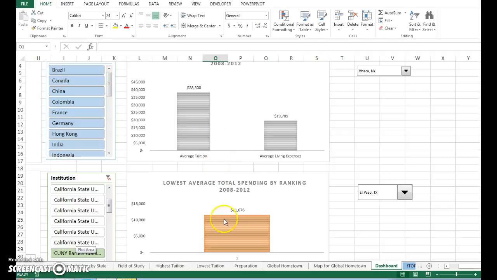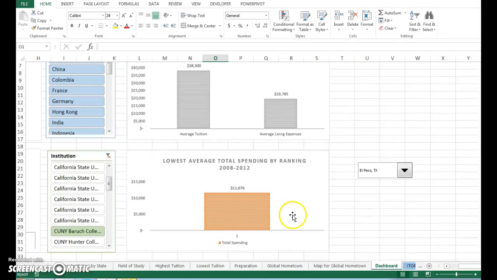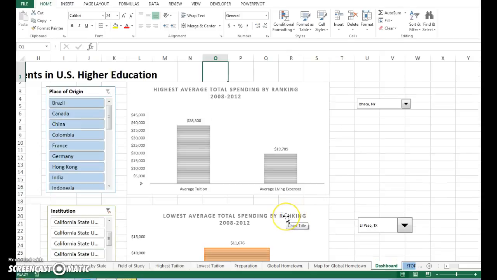When you look at those two charts, you can see that the highest tuition in Ithaca is about 3 times higher than the total spending in El Paso, which is the lowest average total spending city among top 10 metropolitan areas in America. Therefore, I think that these facts can give other international students some suggestions when they consider where to study.